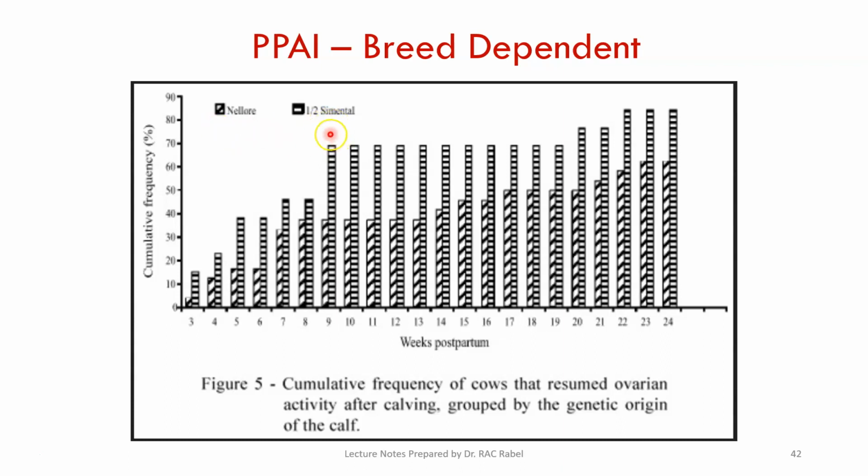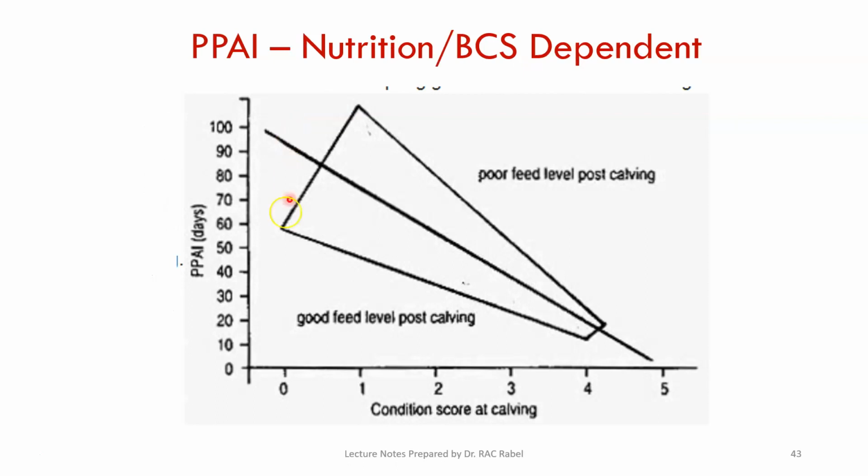Bos indicus versus Bos taurus, right? So this is actually also a tropical scene in countries like Italy, right? So see what you can understand with this, right? Breed is one thing, and there are also other factors that affect the length of this, right?